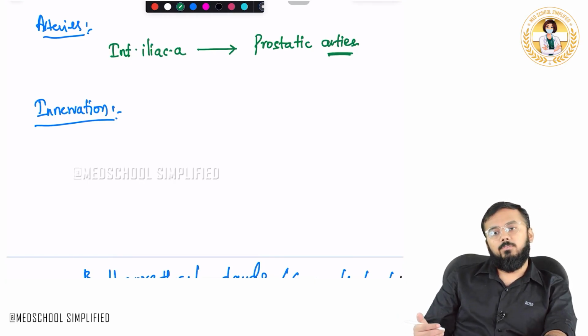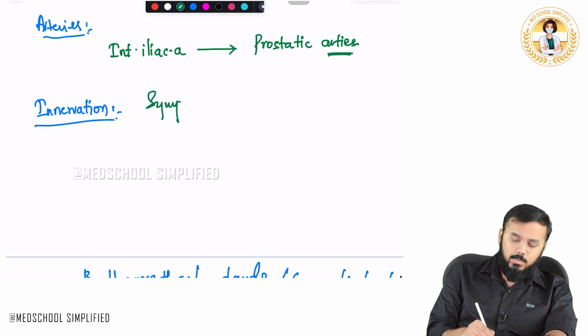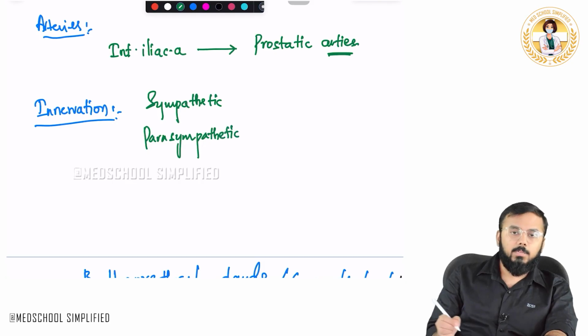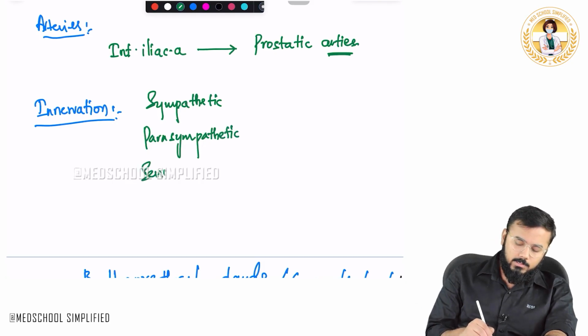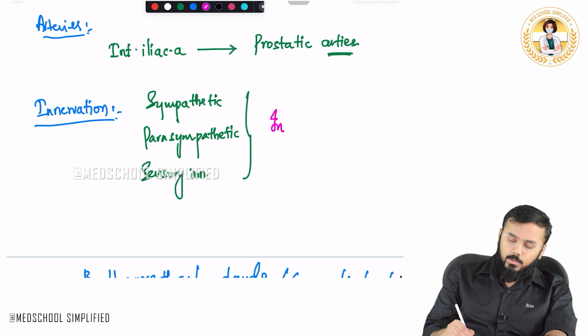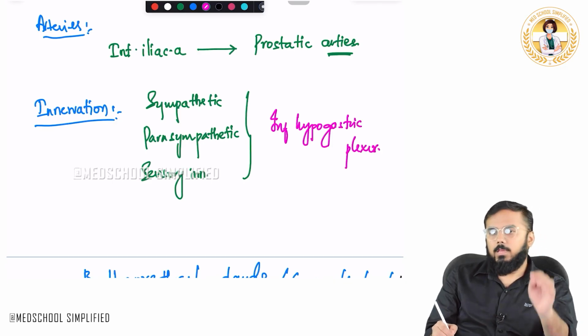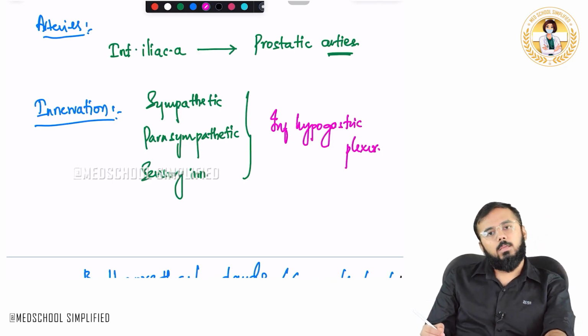They are coming from the inferior hypogastric plexus.